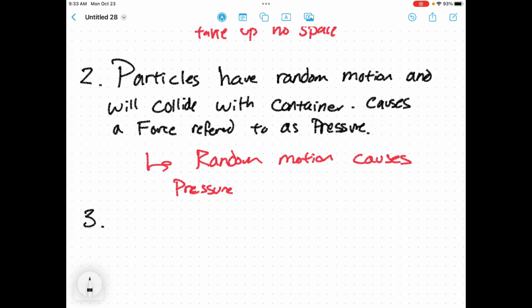Our third postulate is that molecular collisions, when the molecules hit each other or hit the container, are going to be perfectly elastic. All that means is that when the gas molecules collide, we don't lose any energy. They don't slow down, they stay at that same speed, they have the same amount of kinetic energy before and after the collision.